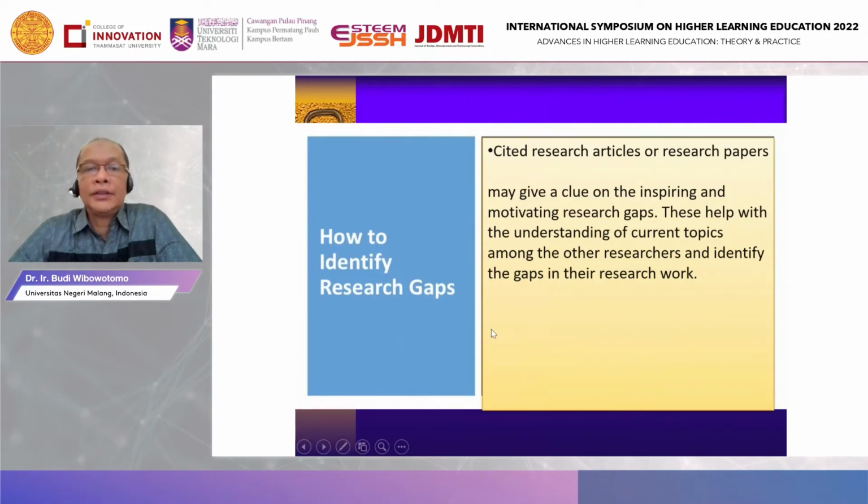I think there is no concept or theory on how to find the research gap. We just need to practice more, or read the research articles.